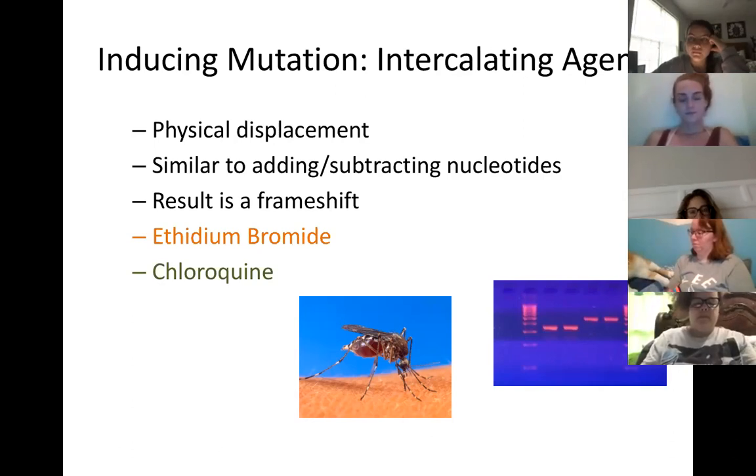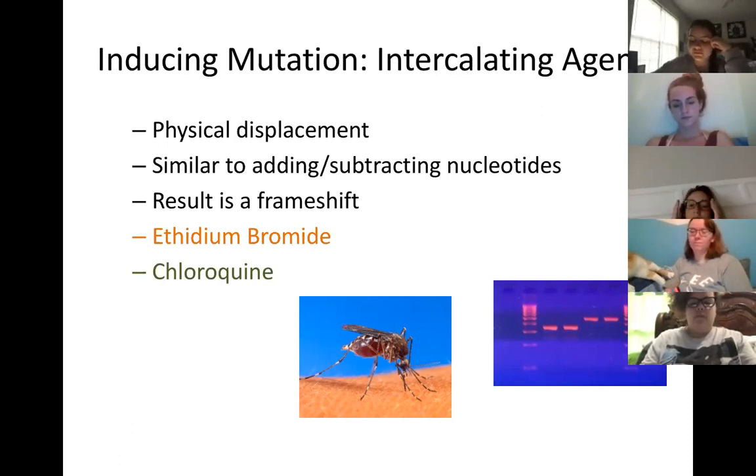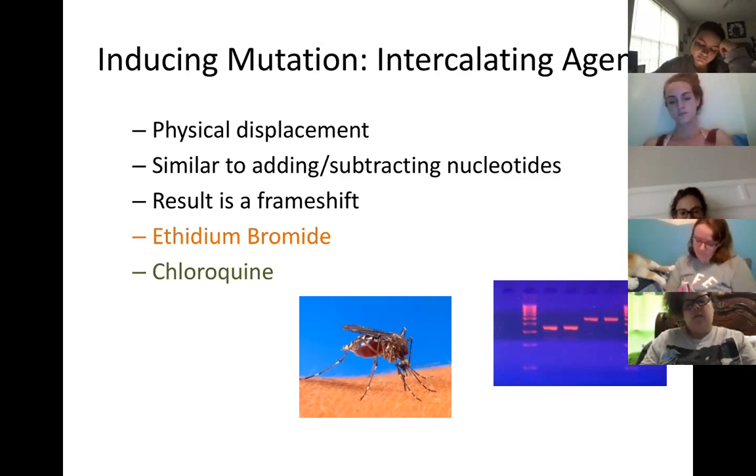She comes in, she wedges herself in between Rachel and Sarah, and now we essentially have a frame shift. The nucleotides that are allowed into Bed Bath & Beyond, or the codon, has changed. It's been altered. And so that's what we kind of see happening with these intercalating agents. So it confuses us when we're translating.